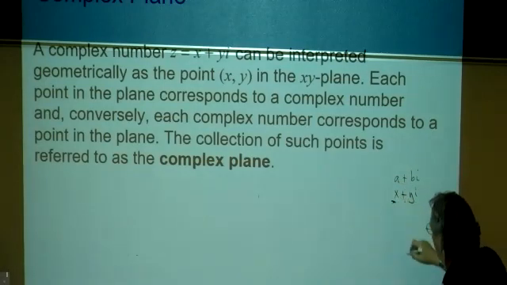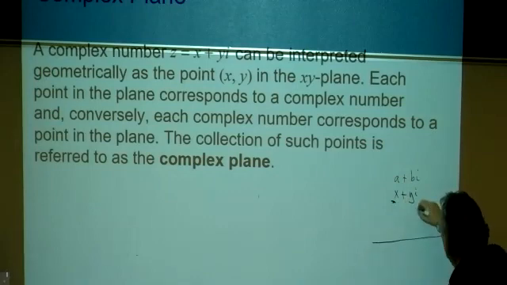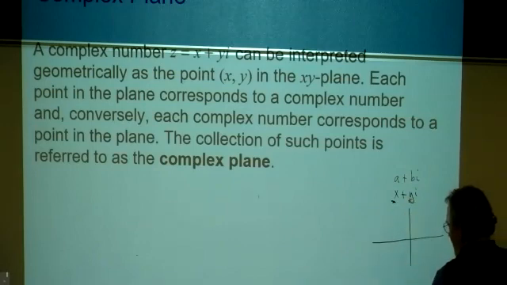So the real part is on the x-axis and the imaginary part is along the y-axis.